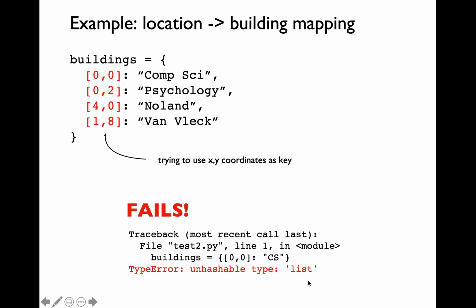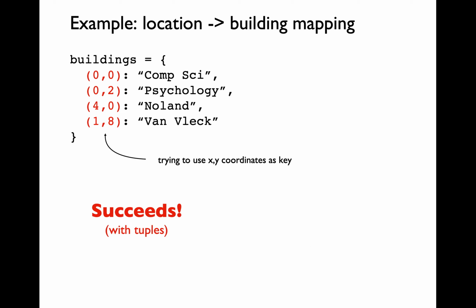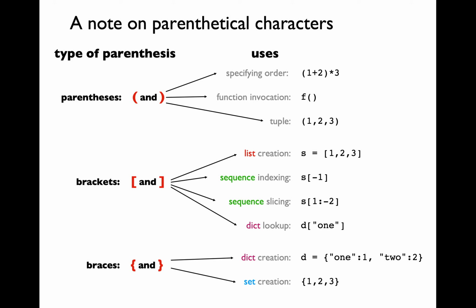I'm not going to go into details of hashing. All that you need to understand here is that you're using a list as a key within the dictionary, which is not allowed because lists are mutable. You can replace those lists with tuples instead, and now this particular dictionary creation will succeed. That's because tuples are immutable. Keep in mind that you're only allowed to have immutable types as keys within your dictionary.